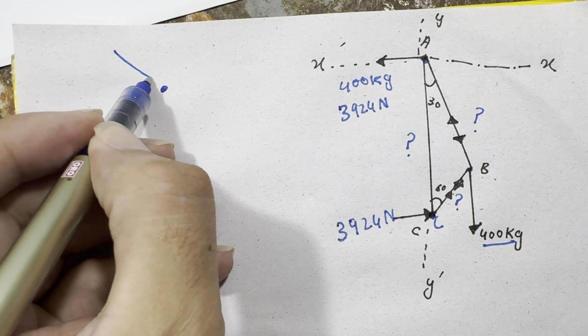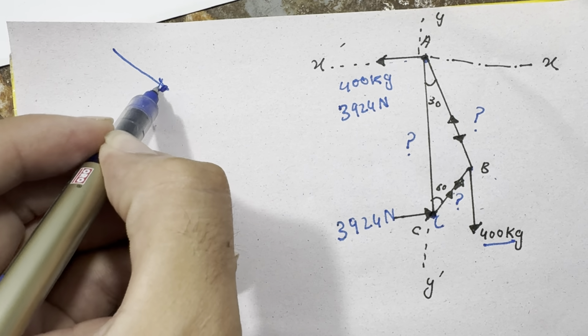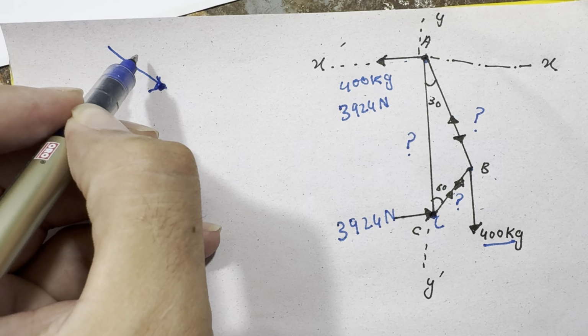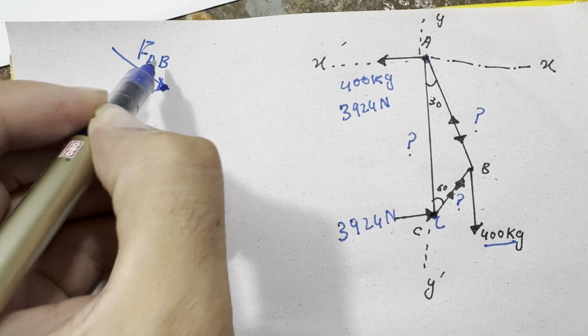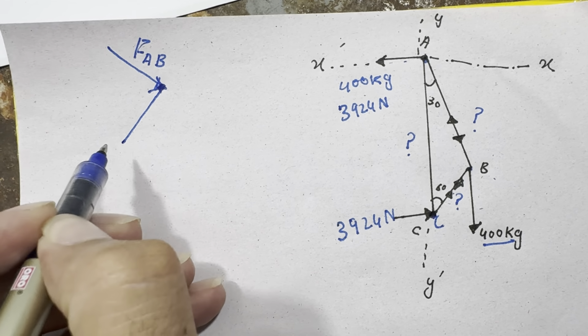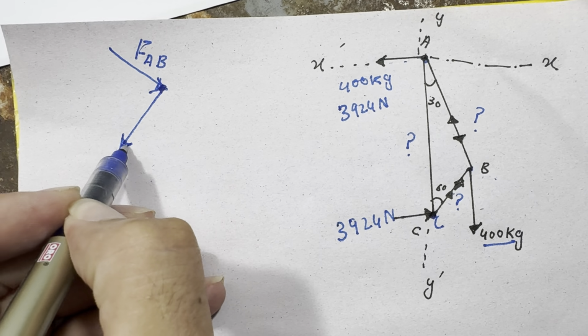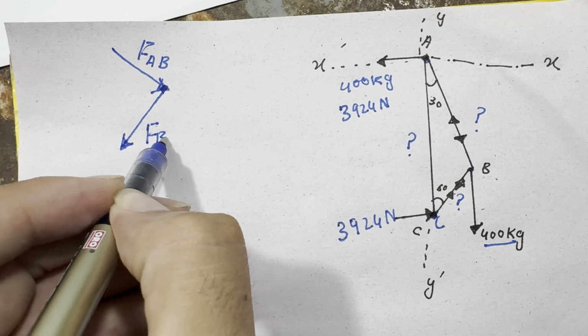There is a member which is directed downward. This member is called the force in member AB, or AB member. And there is another member which is directed downward, which is the force in member BC.